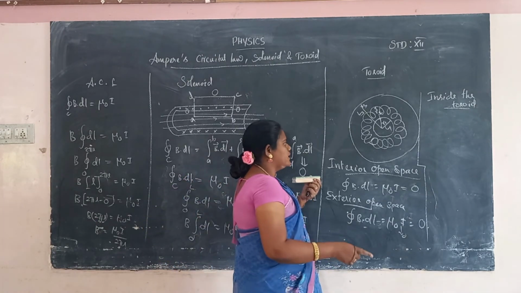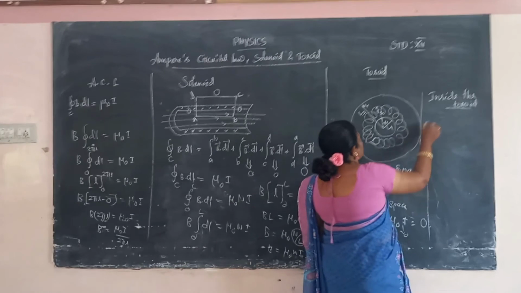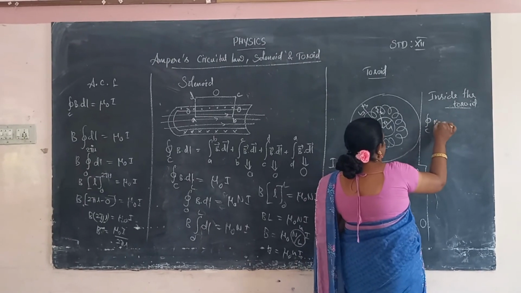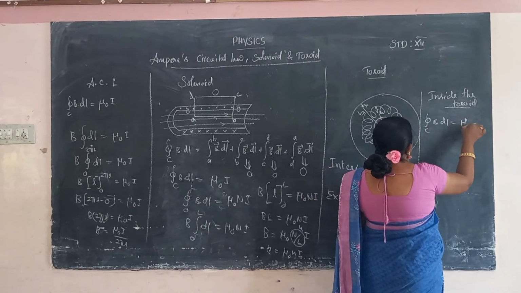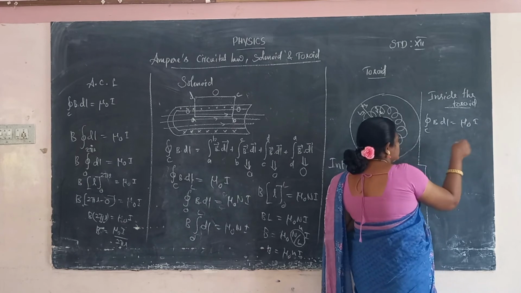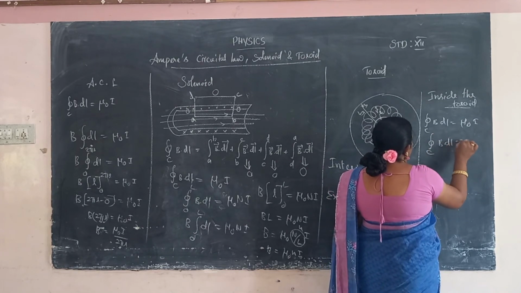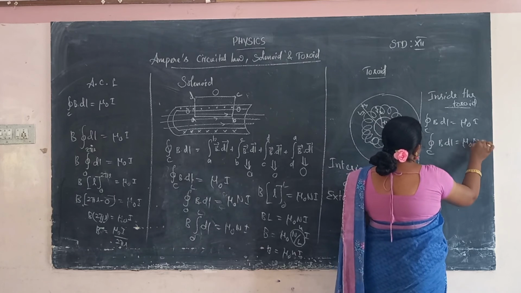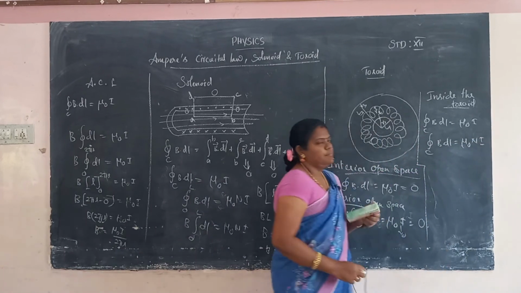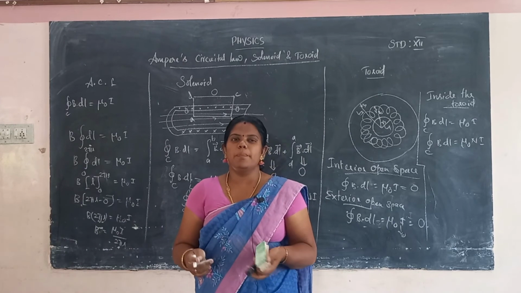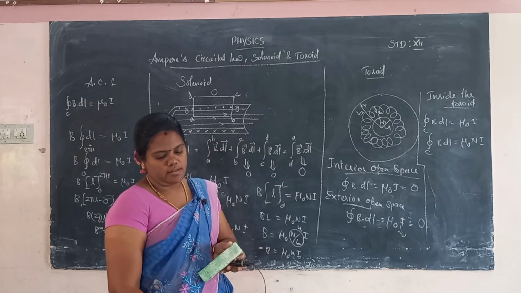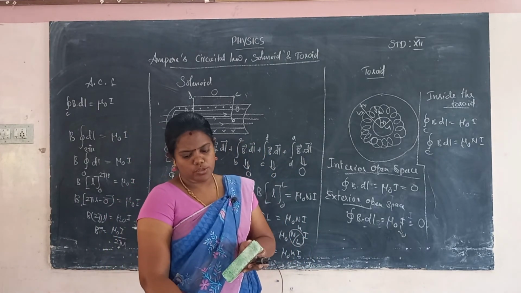So for the solenoid, the closed integral of B dl is equal to mu naught I. With n turns, the closed integral of B dl is equal to mu naught n into I. We have to apply the limit 0 to 2 pi r.